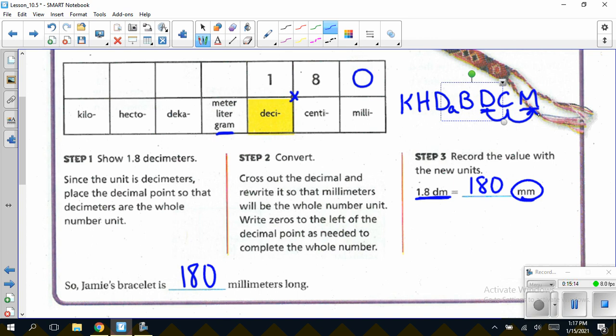So for my 1 8/10 decimeters, I am going to show swooping that decimal 2 places to the right. So I have 1, 2, and if you recall, whenever you have an empty swoop, you always have to use a 0 as your place value holder to get your final answer. So that is another way how to show 180 millimeters. That is the way that I will start to use for the majority of the questions that we solve together.